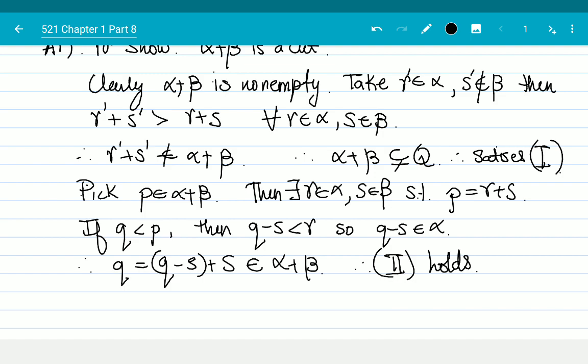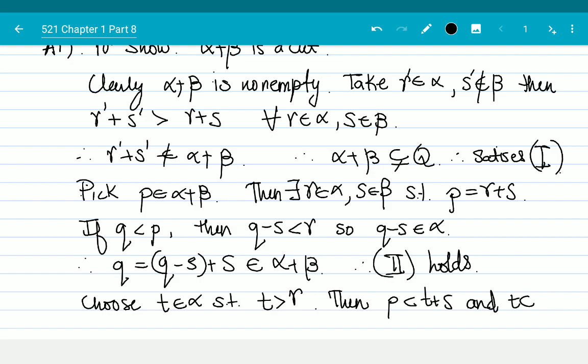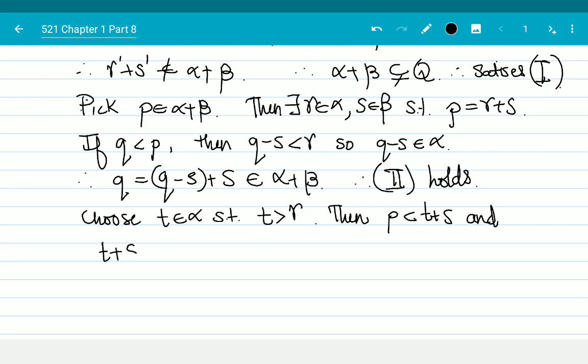Okay. Now choose T belonging to alpha such that T is greater than R. Then P is smaller than T plus S, and T plus S is contained in alpha plus beta.